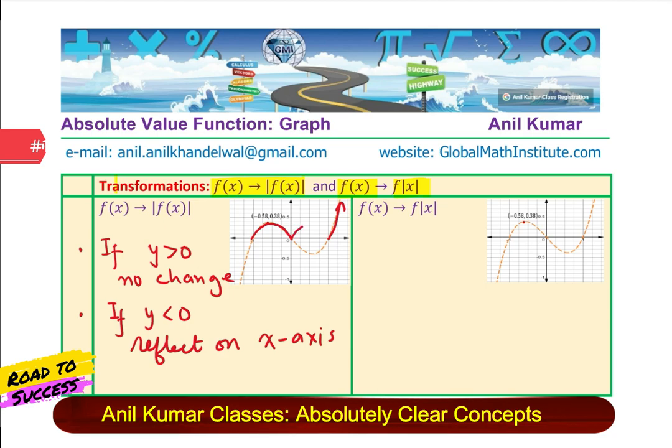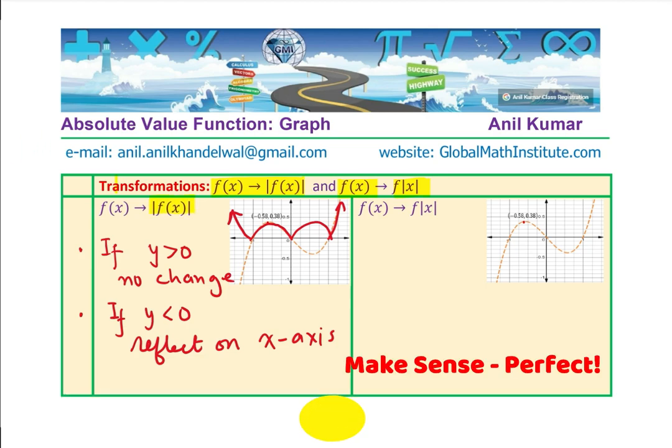So we reflected this on x-axis. Make sense? Do you see that? That is how you could summarize in general while you're sketching the function absolute value of f of x for any function for that matter. Perfect.